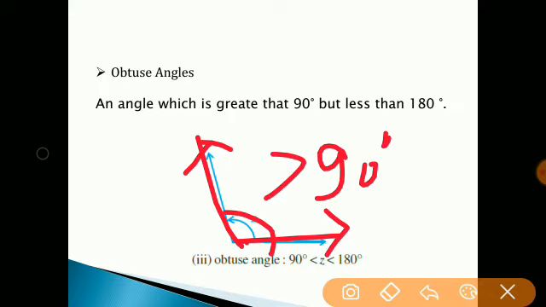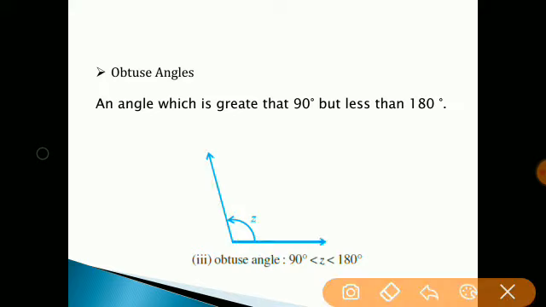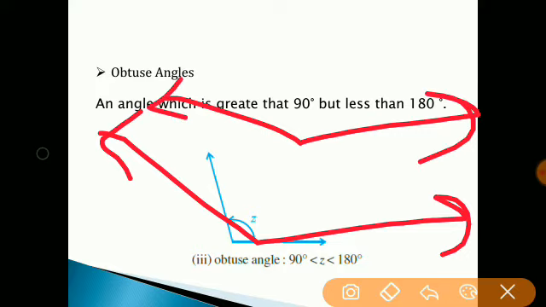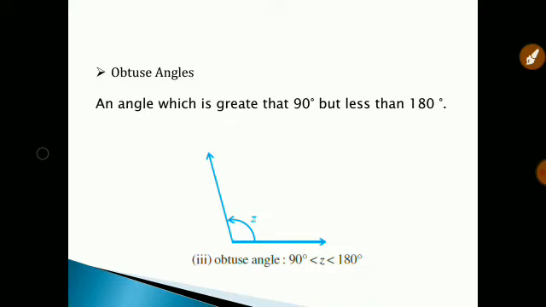We can draw like this also, but we must know that the angle will be less than 180 degrees. So an angle which is greater than 90 degrees but less than 180 degrees is called our obtuse angle.